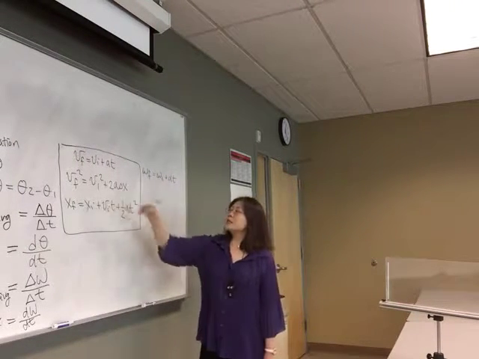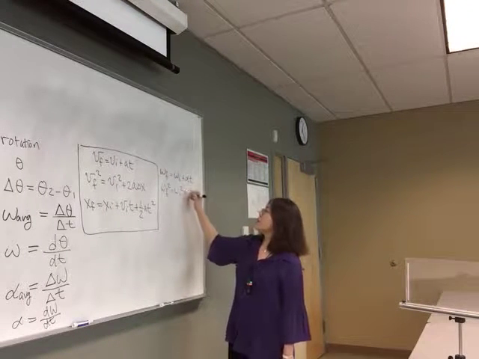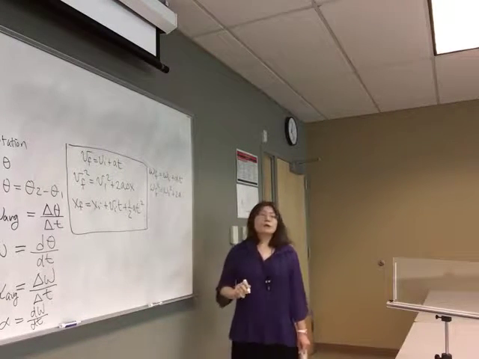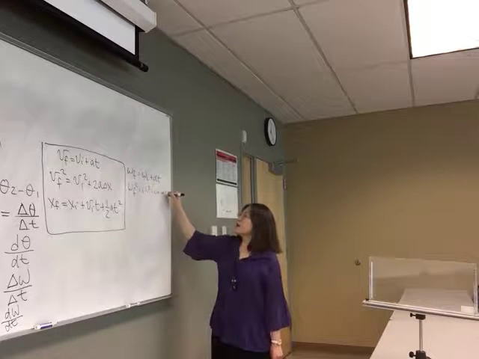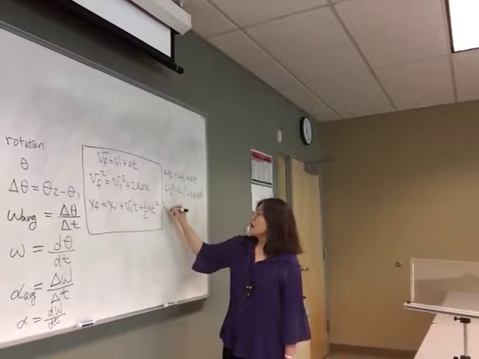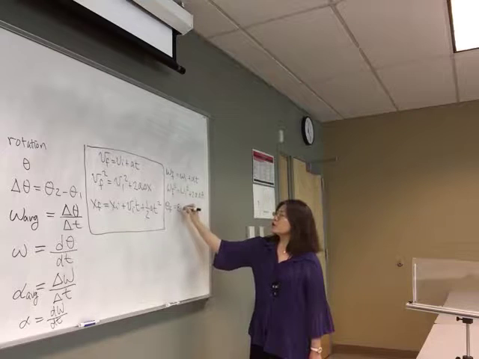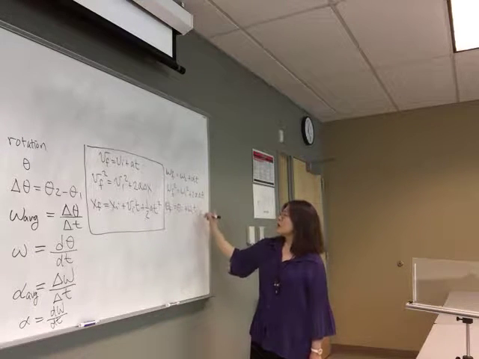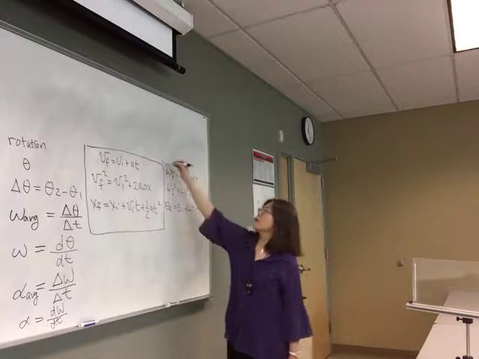So likewise, for this one, you have omega f squared, that's equal to omega i squared, plus 2 times your A, again, is alpha. What about your delta x? That will be delta theta, okay? For this equation, that will be the final angular position, that's equal to initial angular position plus initial angular velocity times time plus 1/2 alpha t squared.